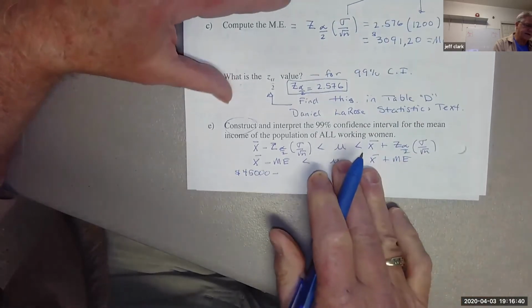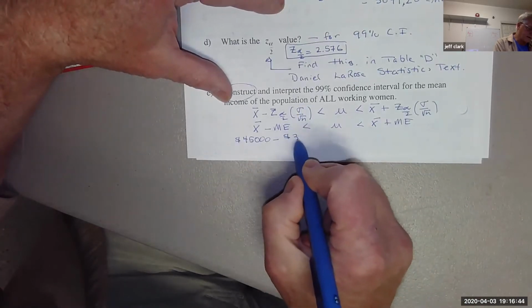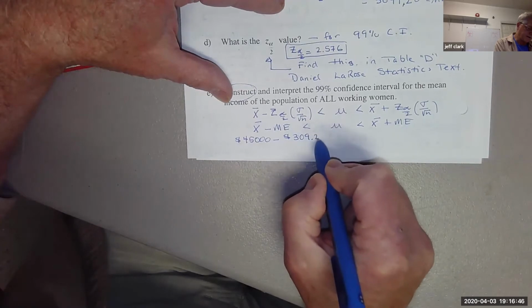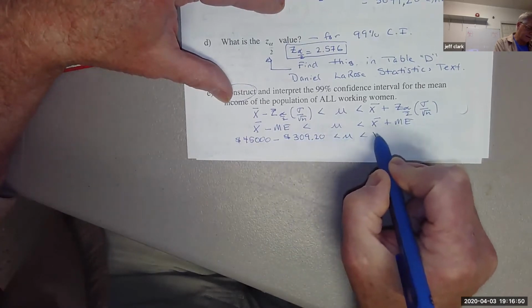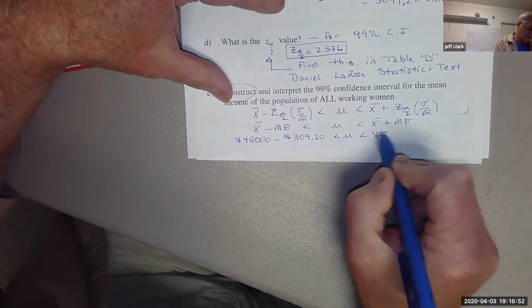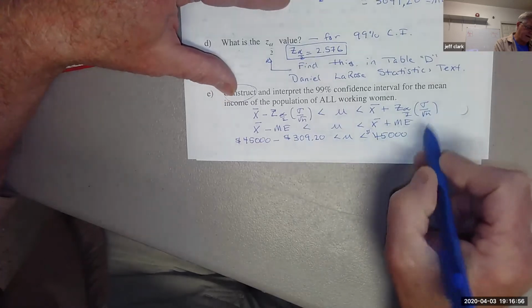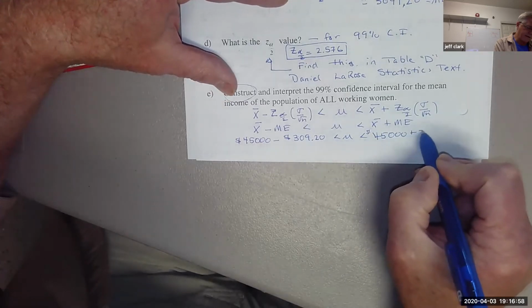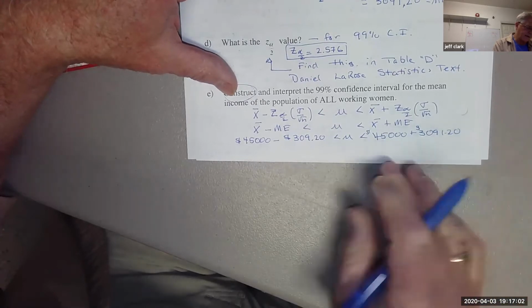So $3,091.20. And then we'll add it to 45,000. We'll add the $3,091.20 again.